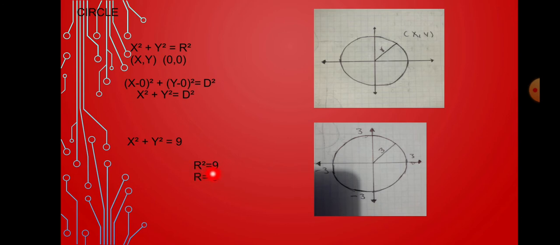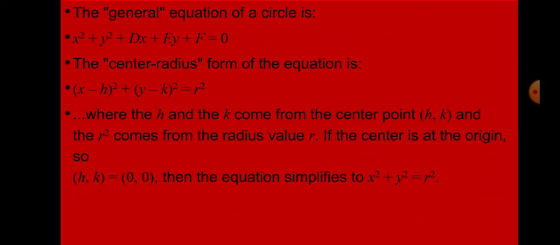The radius without the square is 3, and it cannot be minus 3, because we are talking about a distance.